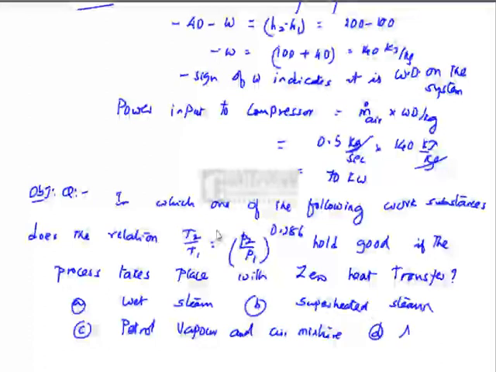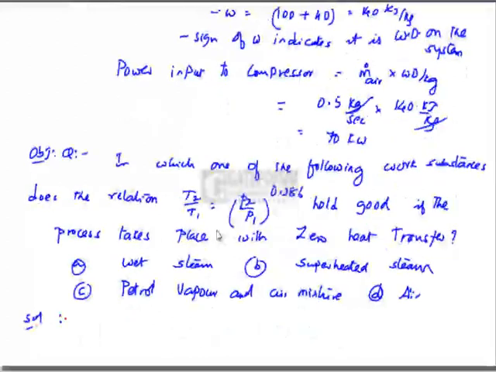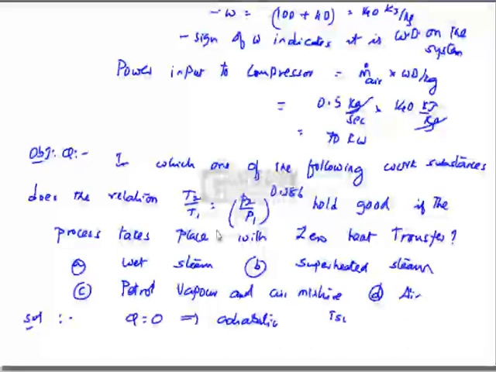D, air. The solution could be given like this: because Q is equal to 0 implies the process is adiabatic, and assuming reversibility, the process becomes isentropic. Therefore, writing the isentropic relation, T2 by T1 is equal to P2 by P1 whole power gamma minus 1 by gamma.